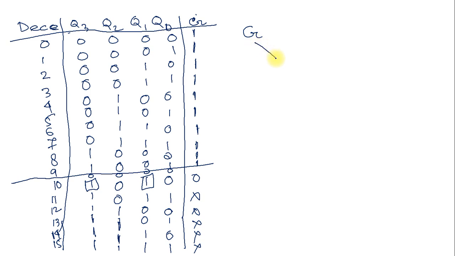Another method, we can get the Boolean expression of clear from the K-map. So here it is 16 points, so you can do this 4 by 4.